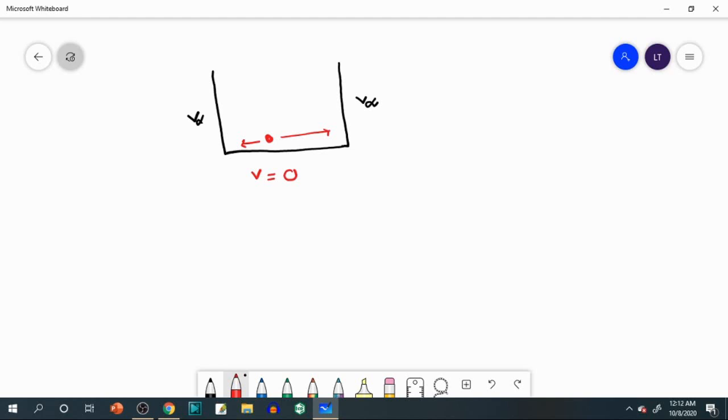Now we have learned the Schrodinger equation, and there are many applications of it. You can apply it to many systems, and you can find some valuable conclusions by solving the Schrodinger equation.